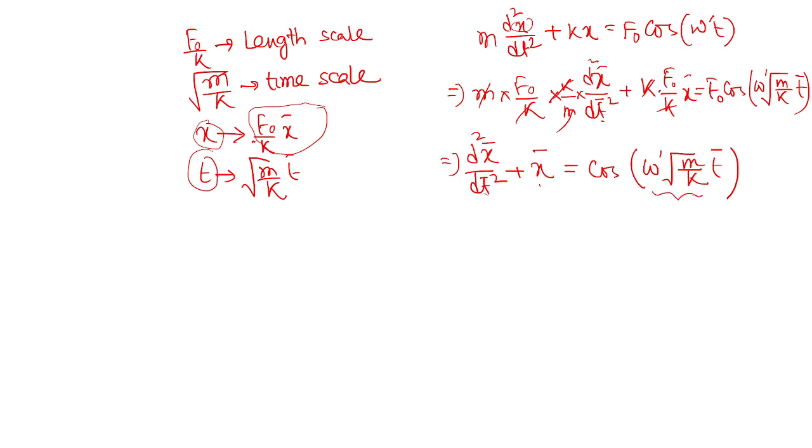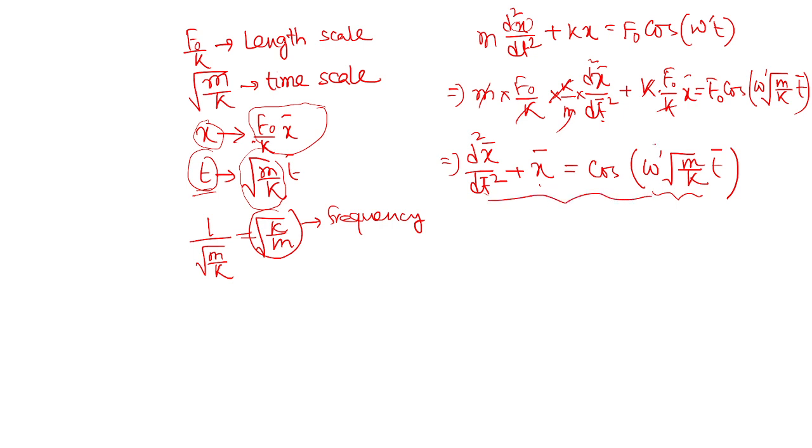Now, as we can see, time and frequency have inverse dimensions. So if this is our time scale, then the frequency will scale by 1 by root under m by k. So we can write this as root under k by m. So this is our frequency scale. In this equation, omega prime still has the dimension of frequency.